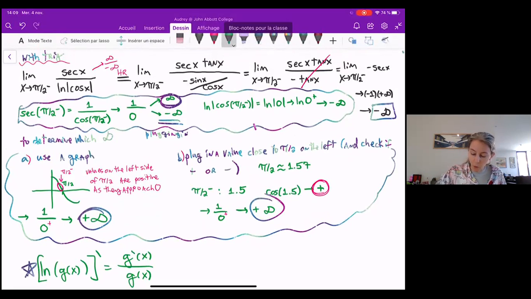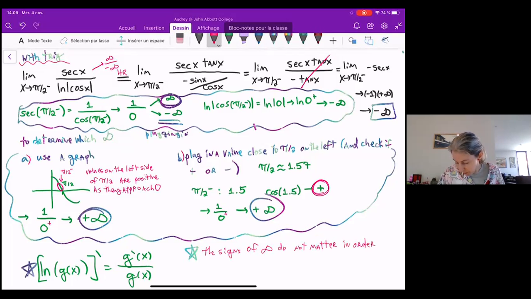I do want to make one last point though, which is that we started off by figuring out that secant was positive infinity, but I don't need to know that to do L'Hopital's rule. The signs of infinity do not matter in order to do L'Hopital's rule.